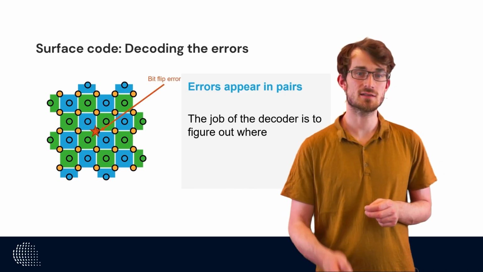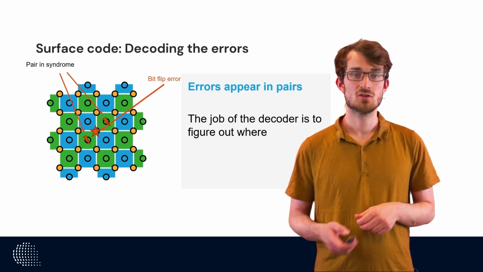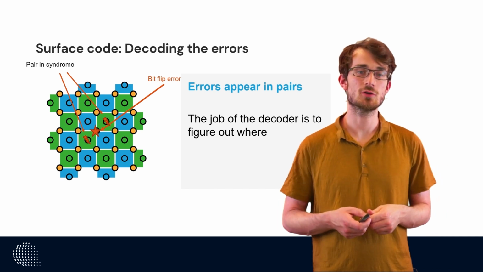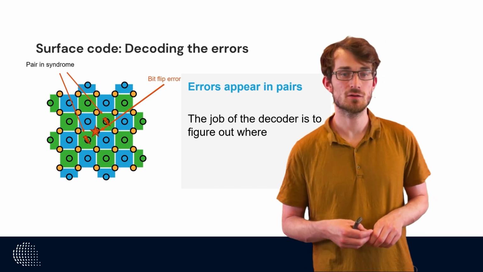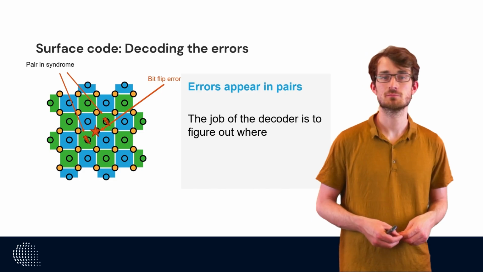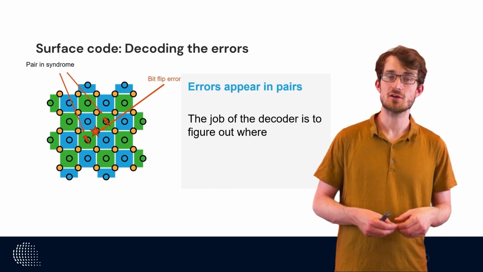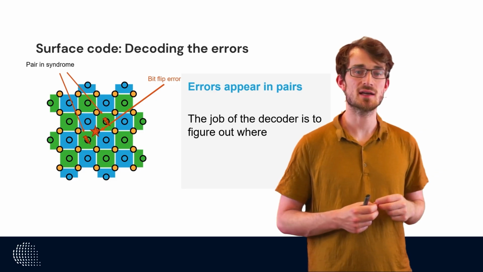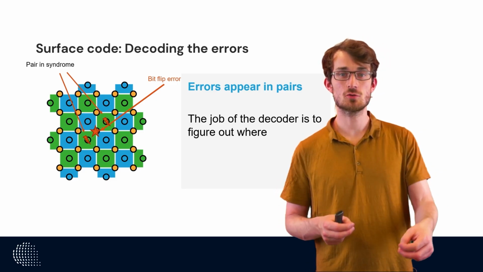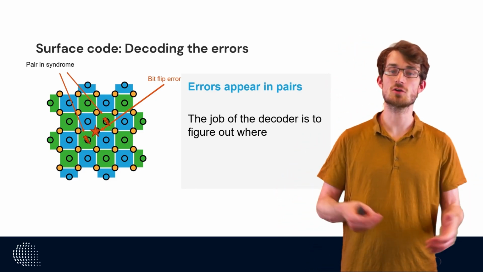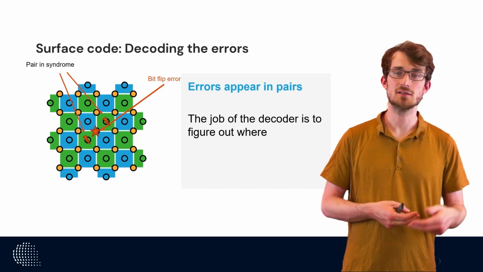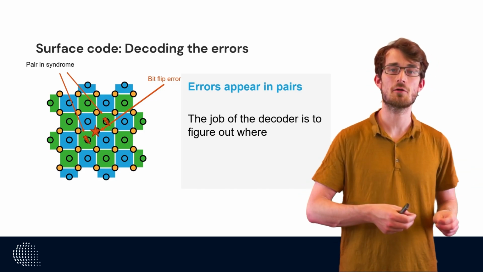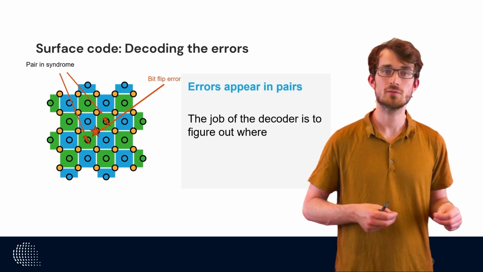What that does is that you will see a pair of syndromes in the output of your auxiliary qubit measurements. Because now this bit flip is part of 2 Z-type stabilizers. And in the surface code, errors generally show up in pairs, and the job of the decoder can generally be understood as how do we pair up the error syndromes to figure out where the error occurred.